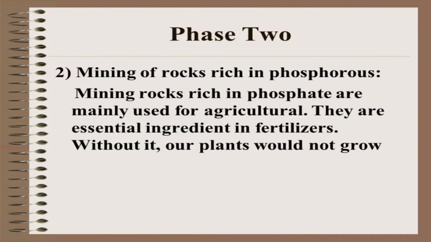Next is the phase of mining of rocks which are rich in phosphorus. Mined rocks rich in phosphate are mainly used for agriculture. They are an essential ingredient in fertilizers. Without it our plants would not grow.